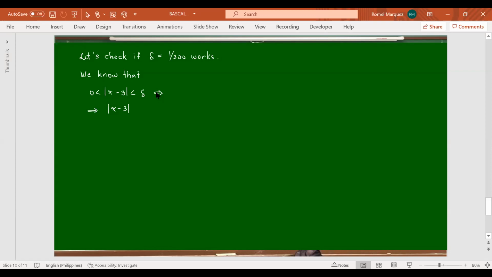This is 0 less than absolute value of x minus 3 less than 1 over 300.